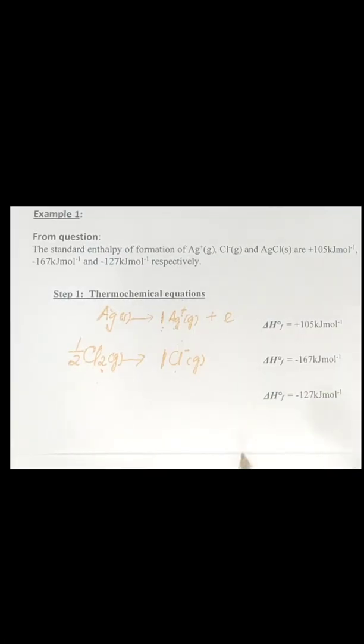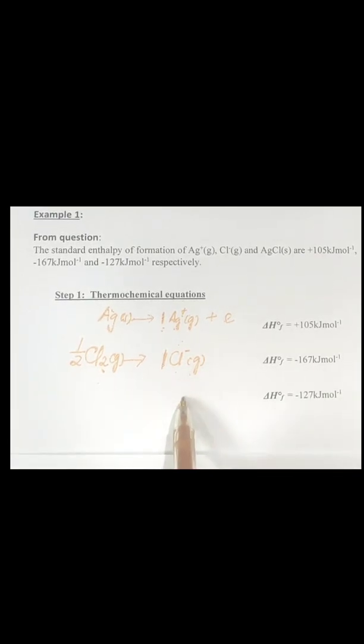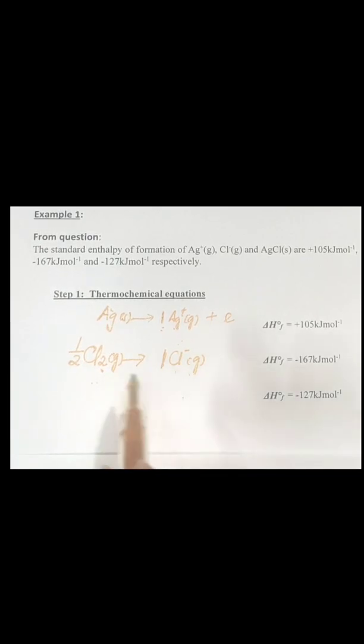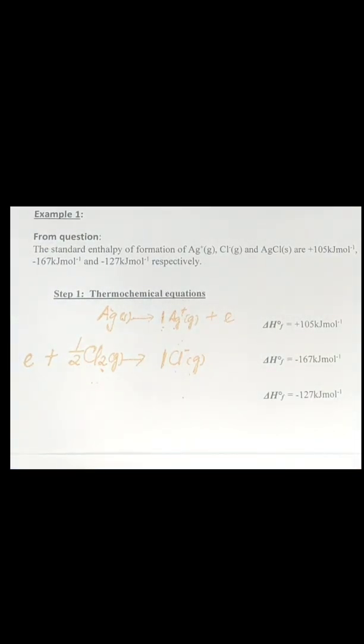Then we check the oxidation number. For this part, it is negative 1, while the charge over here is equal to 0. It's not balanced. To balance up the equations, we need to put the electron over here. Always remember, we cannot put 2 here. Why?